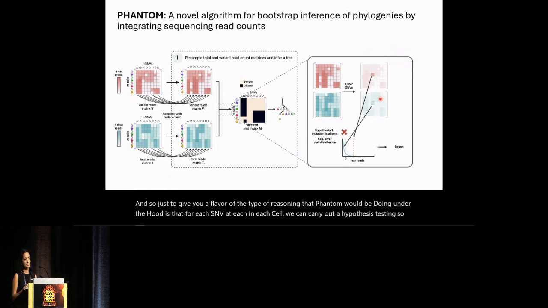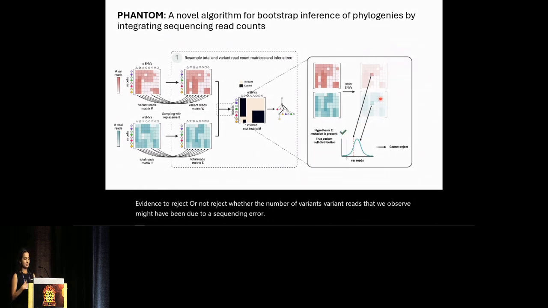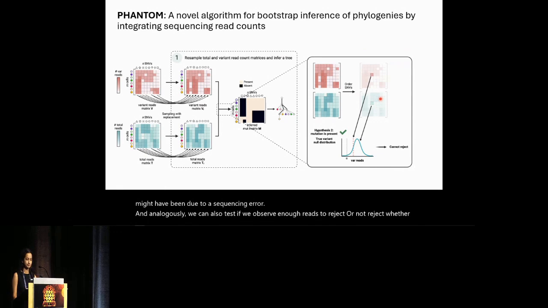We can test, for instance, if we have enough evidence to reject or not reject whether the number of variant reads that we observe might have been due to a sequencing error. And analogously, we can also test if we observe enough reads to reject or not reject whether that variant is truly present.